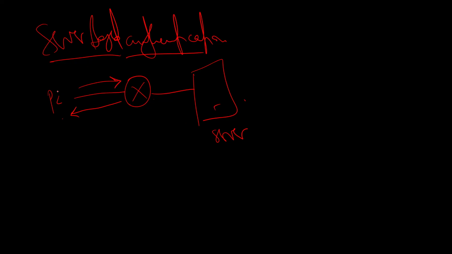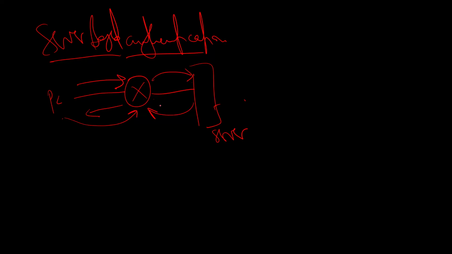A client requests to connect to the network. A router prompts for username or password. A router queries the servers. Let me try to figure this out. The process just got complex. This one tries to connect, this one prompts, this one sends the username, this one sends it to here, then this one allows. Okay, I got it.